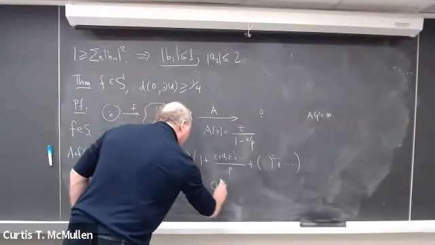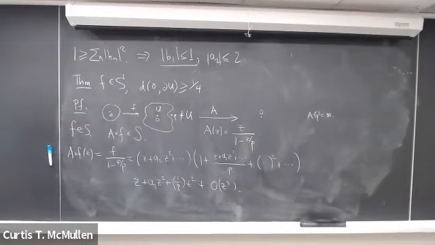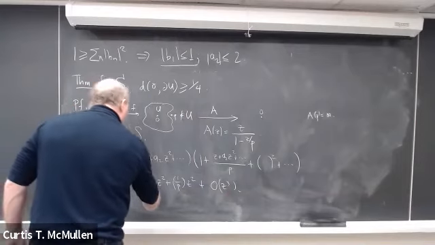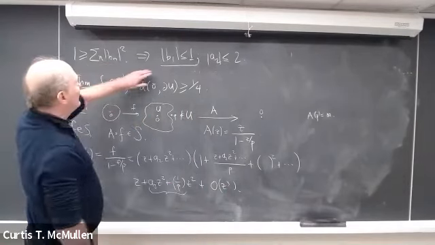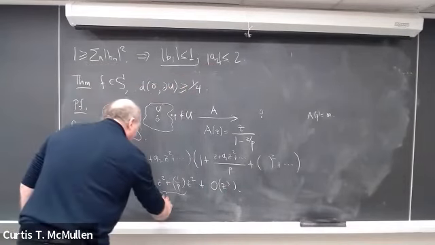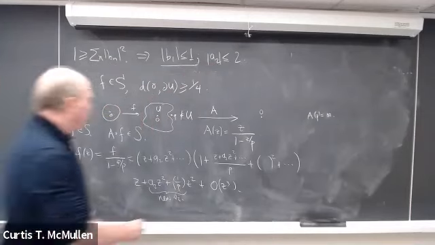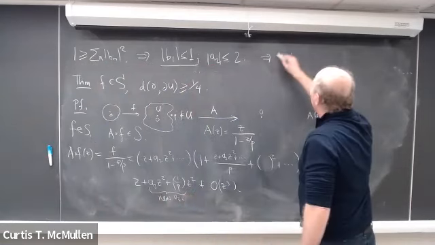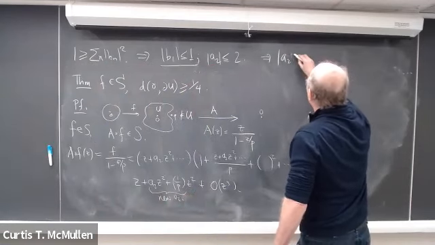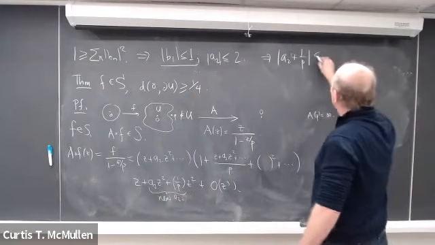And then we get terms on the order of z cubed. Okay, now what we do is we say, well, we already know that a2 is less than or equal to 2. And here is our new a2. It's the old a2 plus 1 over P. So we can conclude that a2 plus 1 over P is less than or equal to 2.